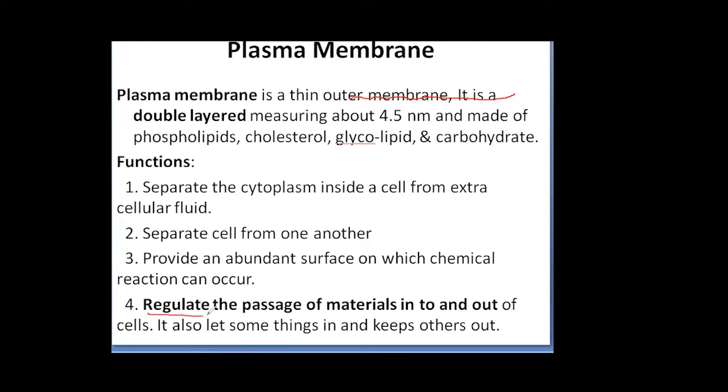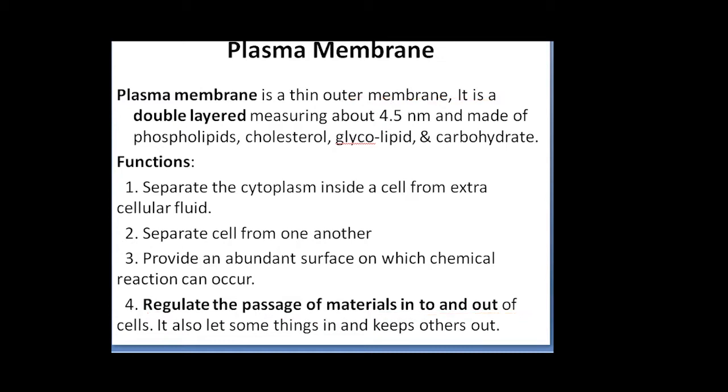We say it regulates the passage of materials into and out of the cells. That's a pretty important function of cell membranes.